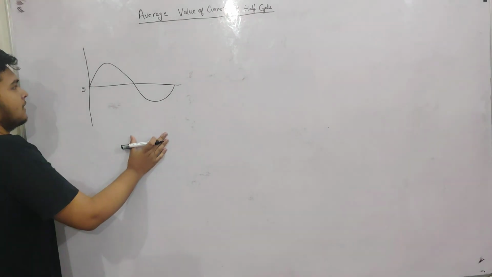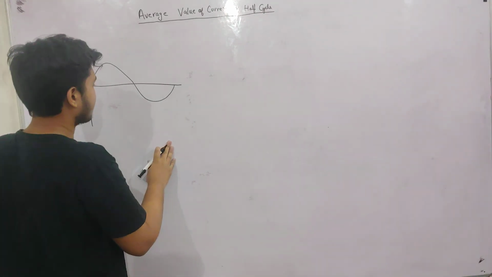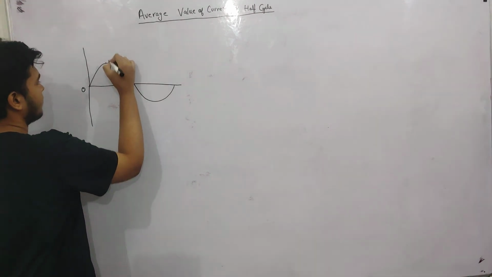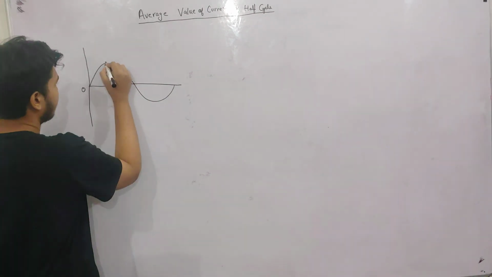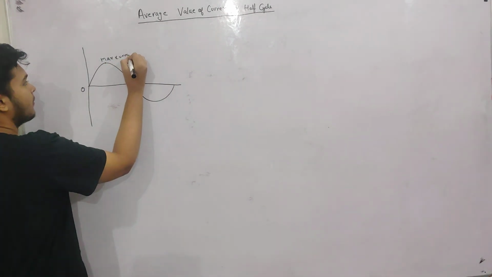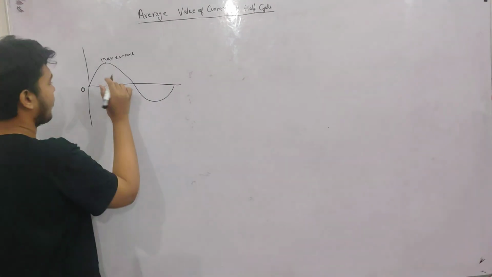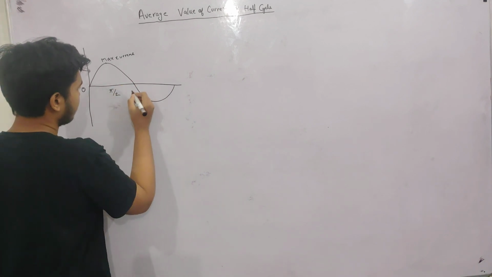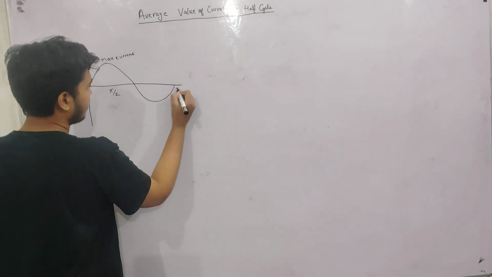It's a graph of current in the AC circuit. Maximum current is obtained at this point, at the value pi by 2, on the t axis.